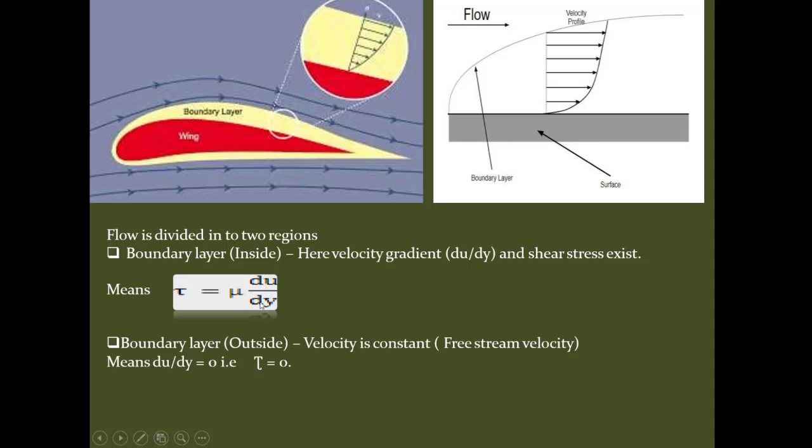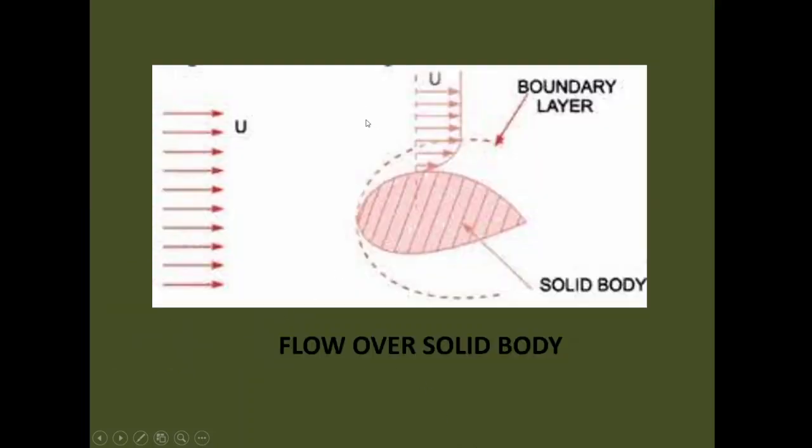Now this condition is for inside the boundary layer. For the fluid outside this boundary layer, the velocity is constant. You can see here the velocity is increasing in a parabola, and here it is a vertical line. So here velocity is constant and is equal to u, that is free stream velocity.